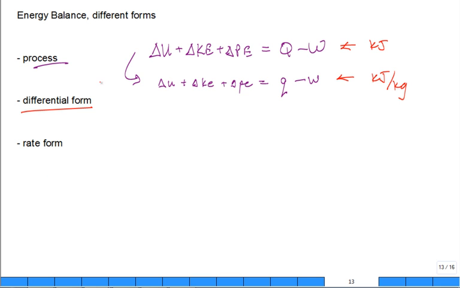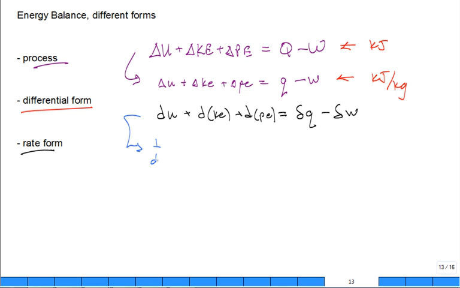A differential form would be where you say, okay, a small change in U, a small change in the kinetic energy, a small change in the potential energy is equal to a small amount of heat transfer minus a small amount of work transfer. That's an infinitesimally small process or change. And then if you wanted to, you get to the rate equation by taking this equation and multiplying by 1 over delta t.